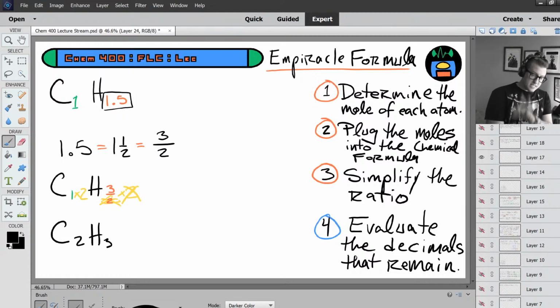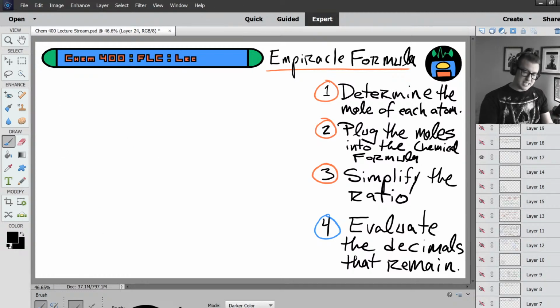When you're dealing with decimals, you can't just round automatically. You can only round if you're very, very close to an integer. You have to ask yourself, what fraction does this decimal represent? And here are the types that you will see in the future on empirical formula problems that you'll need to work on and evaluate.